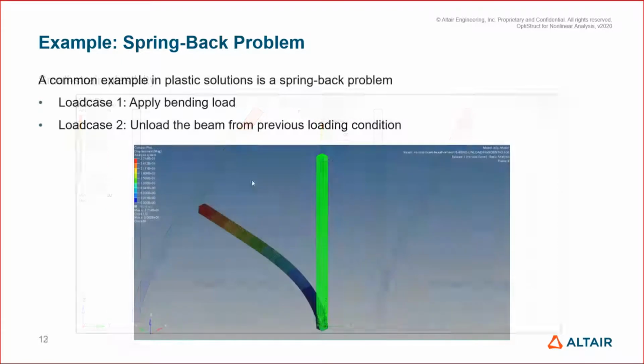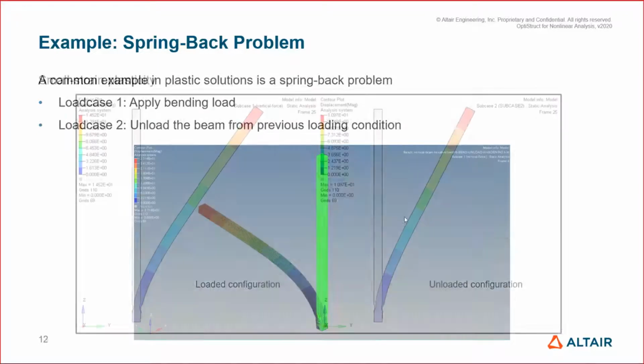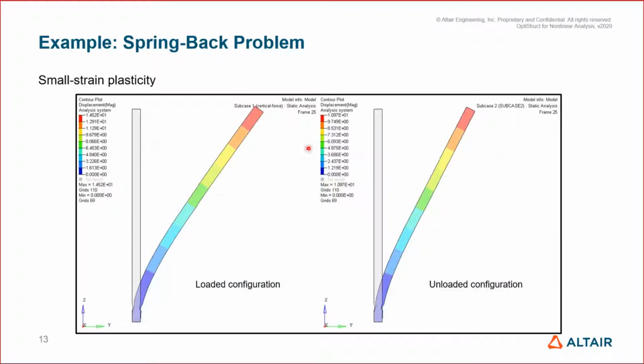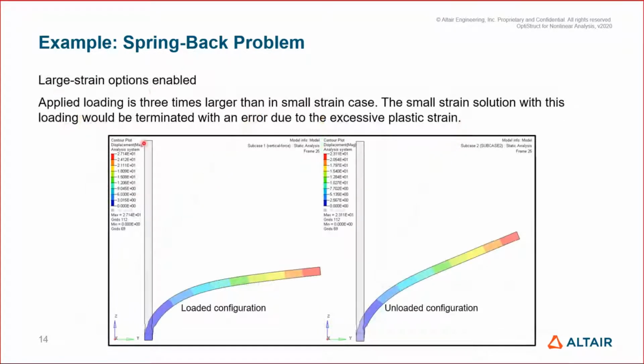Consider this model here where we apply the load and then in the second load case we remove the load and it springs back to the original position. When it's loaded and unloaded, if you're using the small strain formulation, you see something like this. But if we use the large strain, which is again on by default, you don't need to turn it on.